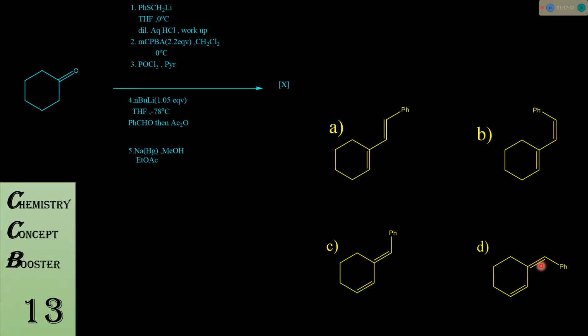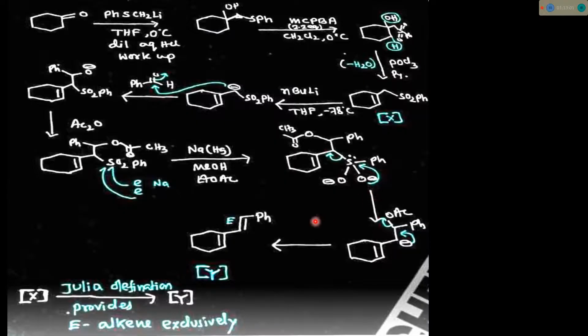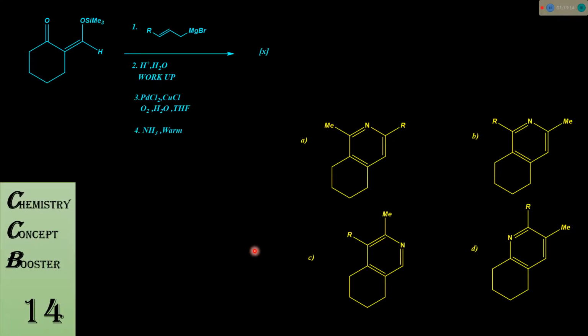This is also a cis alkene, but the double bond should be there. So option A is correct. So here we see the Julia olefination reactions. Let's move to the next question.